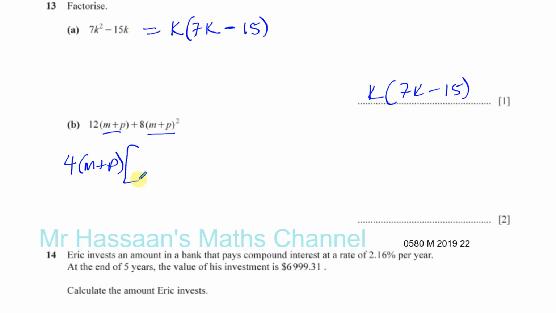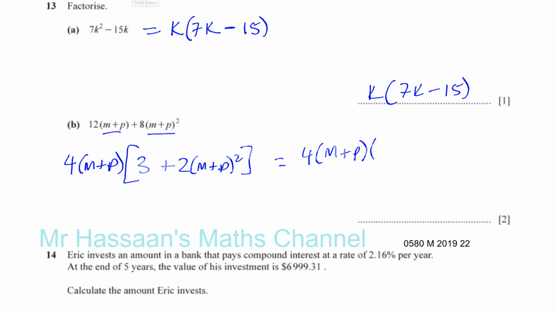So that's the common factor from both these terms taken out. Then you have something times 4 times (m plus p) gives me 12 times (m plus p). Well, that must be a 3. And then I'm going to have plus, and I know 4 times 2 is 8, but I have also another m plus p that I need to make it (m plus p) squared.